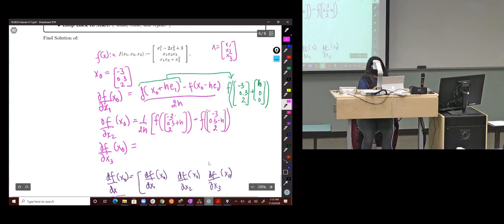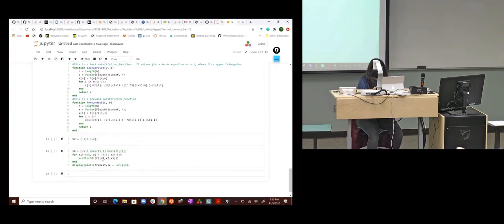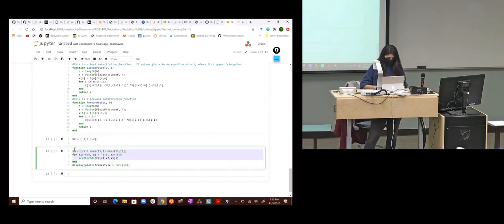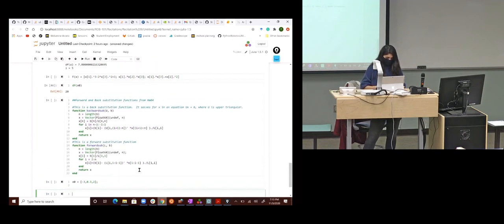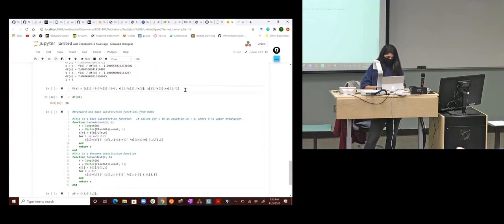It's too many calculations. We don't want to do that. So here's what we do. I already have the backward and forward subfunctions in here. I defined the function f that we will use directly.